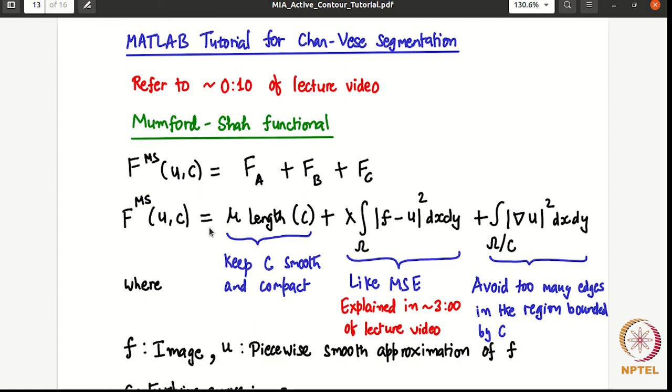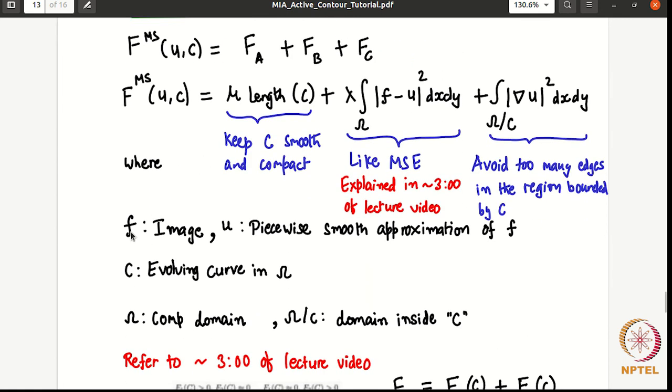So here, instead of using an edge attractor, the functional used is called Mumford-Shah functional, and it contains three terms: FA, FB, FC. So here, if f is an image, small f, and u is its piecewise smooth approximation, and C is an evolving curve in gamma, some computational domain, right? Then also omega by C represents the domain inside C, right?